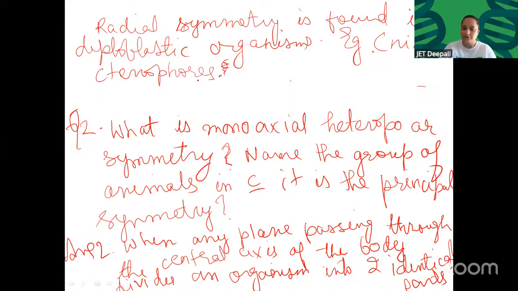Okay. So next question, that is question number 3. Monoaxial heteropolar symmetry is another name of radial symmetry. So they can ask you monoaxial heteropolar symmetry and you will get confused about what it is. We have not studied this kind of symmetry. It is nothing else. It is just radial symmetry. And radial symmetry is basically found in the diploblastic organisms of phylum cnidarians and ctenophores are the example.